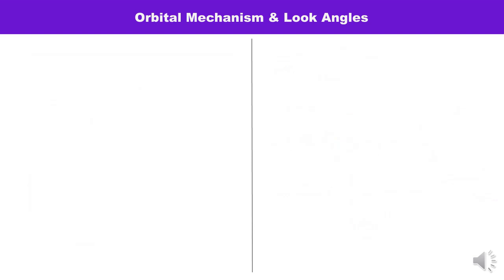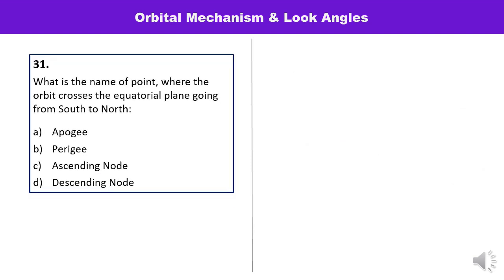Moving ahead. Next question is, what is the name of the point where the orbit crosses the equatorial plane going from south to north? Here the variation is from south to north, and this point is known as the ascending node. You have studied all these terms in elements of satellite communication. So this one, C, is the correct option.